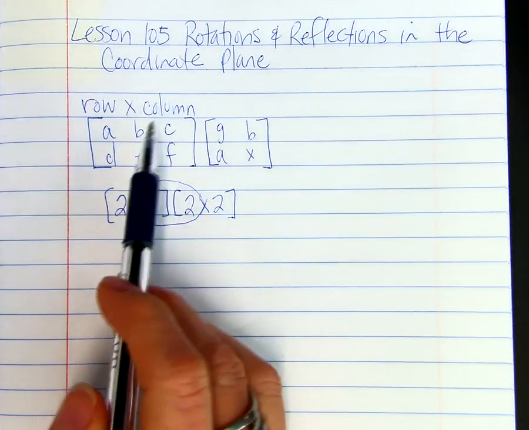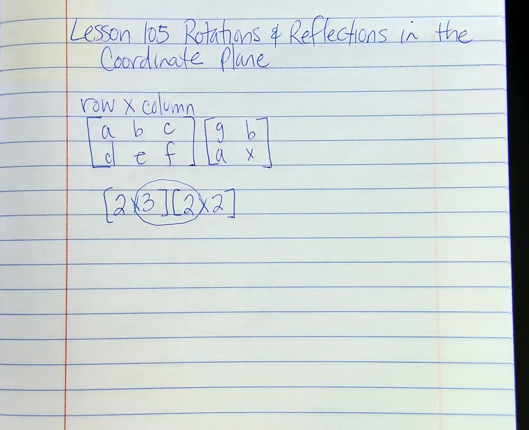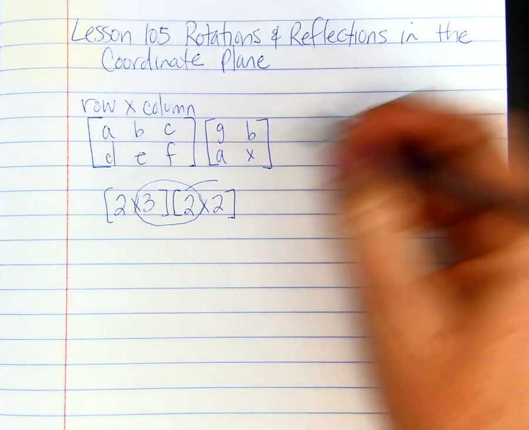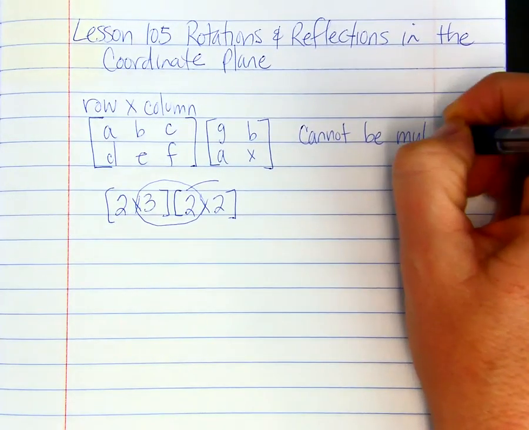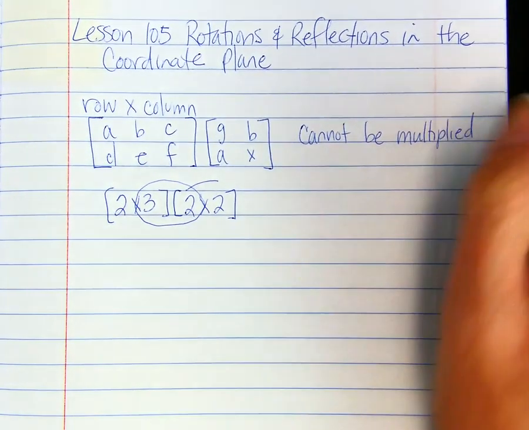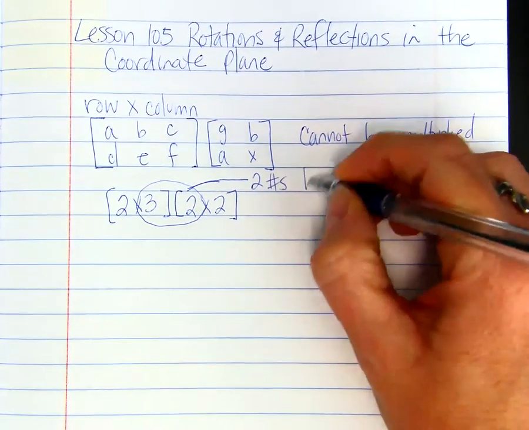So the number of columns in the first one has to equal the number of rows in the second. When we learn how to multiply them, you'll see why. If they don't equal, you can't multiply them. So these cannot be multiplied. These two numbers have to be the same.